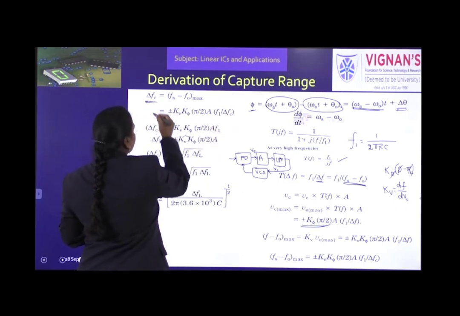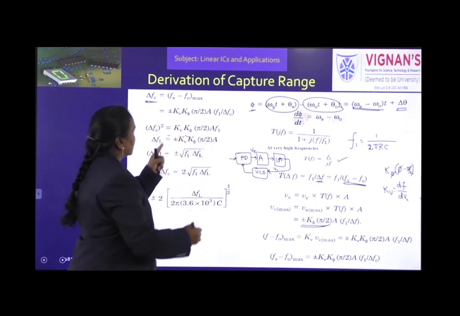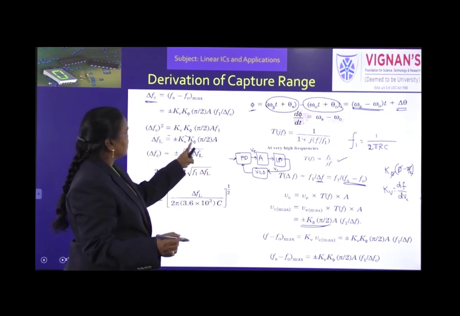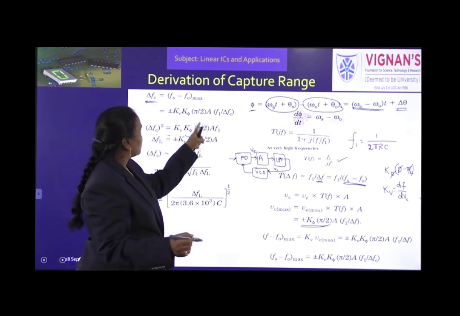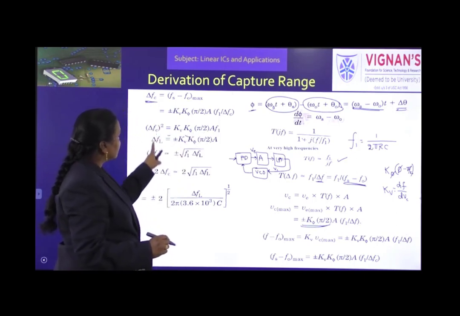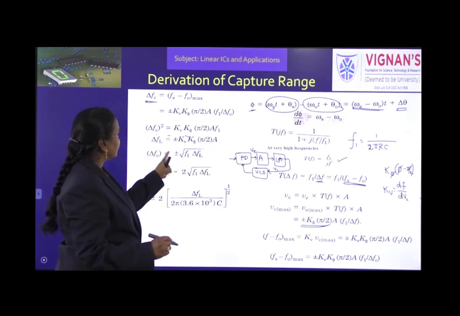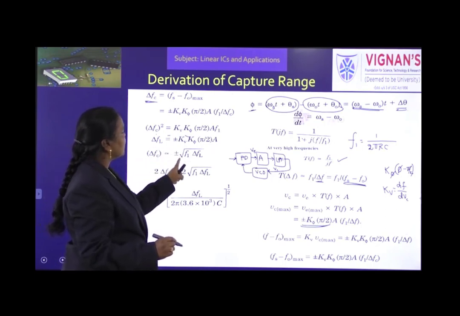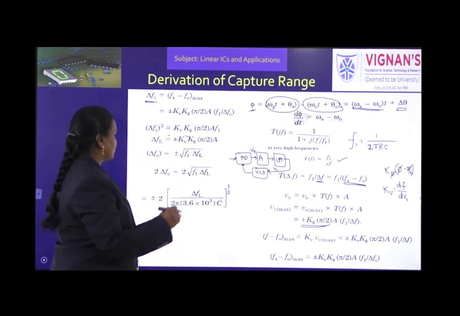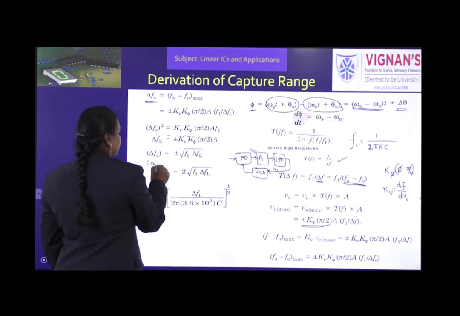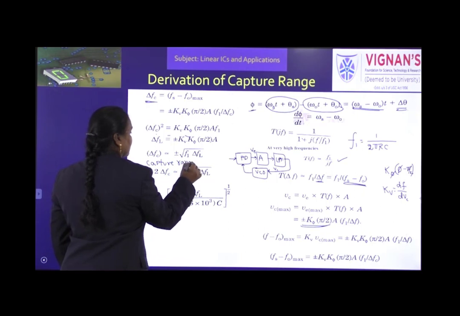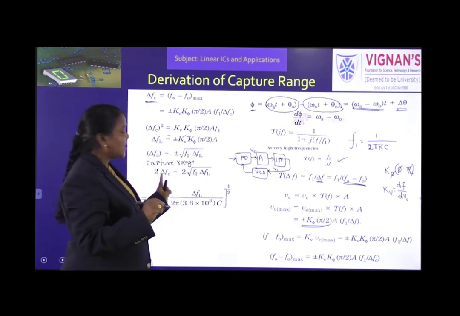Okay, if I substitute that, this delta Fc gets squared and the remaining term will be left here, and we know delta FL is this. So this whole thing can be replaced by delta FL, and to get delta FC, take the root on both sides. So the square and root get cancelled here, and here you will get the roots. And 2 delta FC is the capture range.